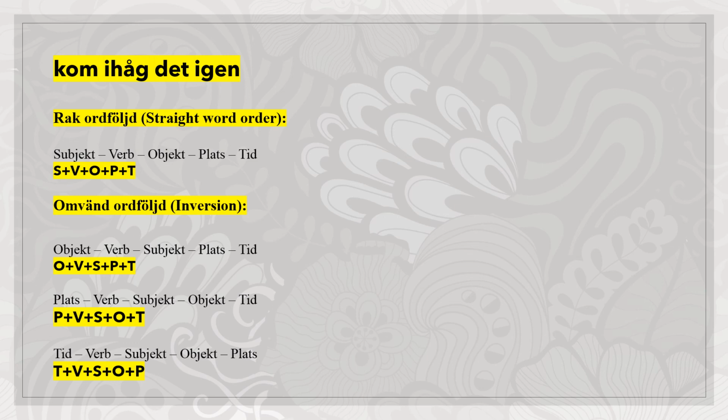When it is started with time, tid, verb, subject, object, plats. So just notice one thing here. Whether the sentence is straight sentence or a reverse sentence, the verb is always on the second place.